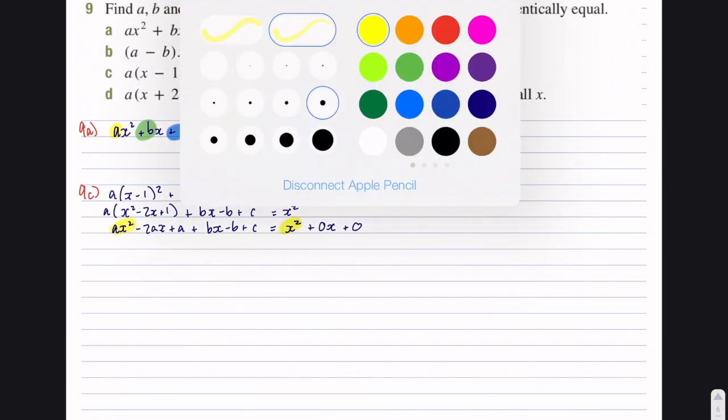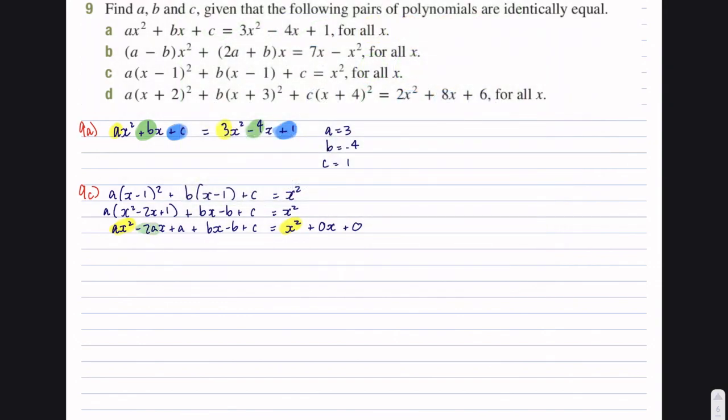which means for our squareds, we just have 1. But for our x's, we've got 2 terms that come to 0. And for our constants, we've got 3 things to consider that come to 0. So, we're going to have to do this step by step.